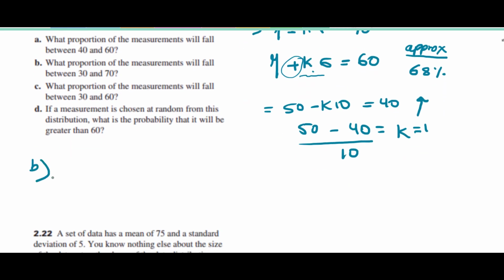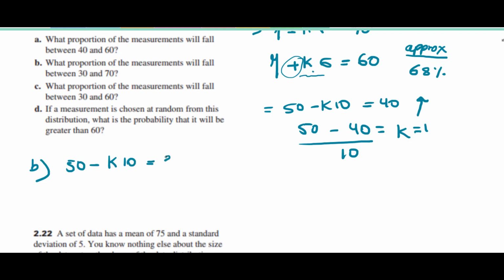For example, B is asking what proportion of the measurements will fall between 30 and 70. You do the exact same thing, 50 minus k times 10 equals 30 this time and not 40. We want to know k because that's the variable we're always trying to find, and it leads us directly to the answer.